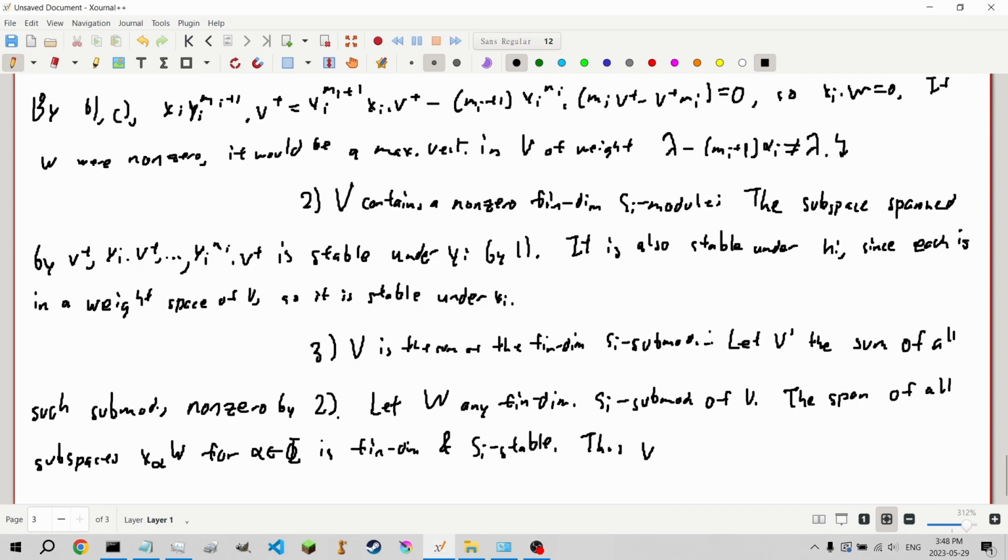Thus, V prime is stable under L. So V prime is V, as V is irreducible.